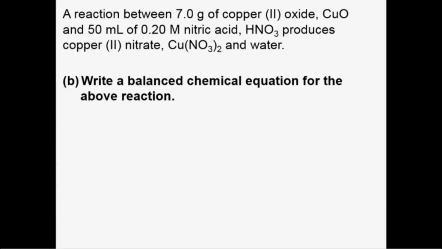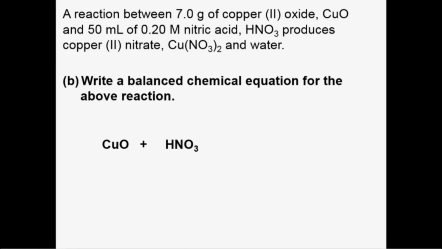The 2 reactants are copper 2 oxide and nitric acid, and later in this question we are going to determine which of these 2 reactants will be the limiting reactant and which one is the excess reactant. But for now we are just going to balance the equation first. Remember, guys, balancing the equation is very important, because if you balance it wrong here, you are going to have problems in the next questions, C and D.